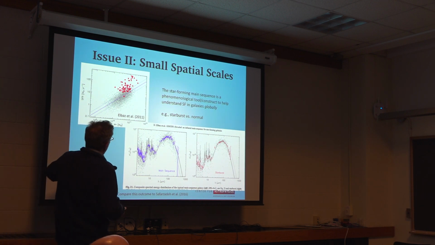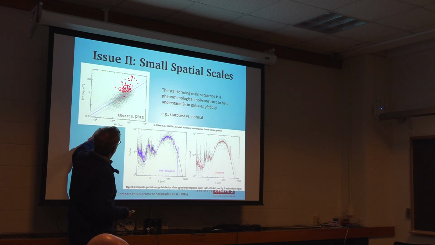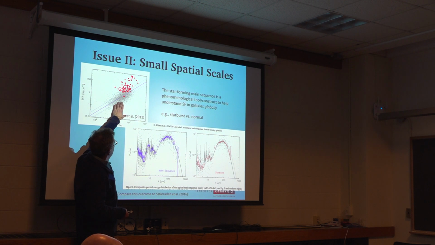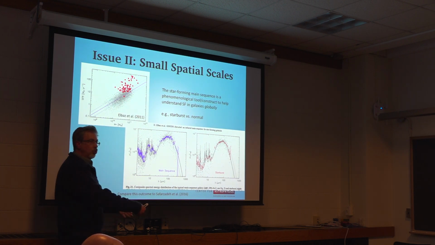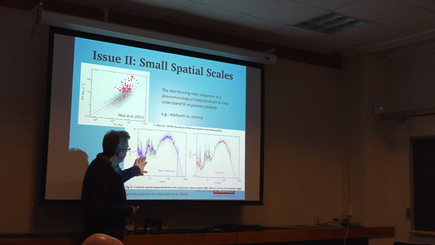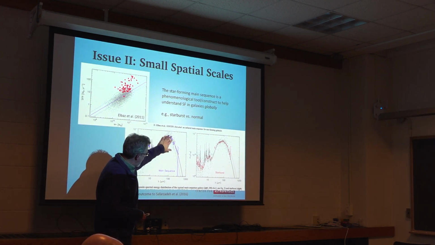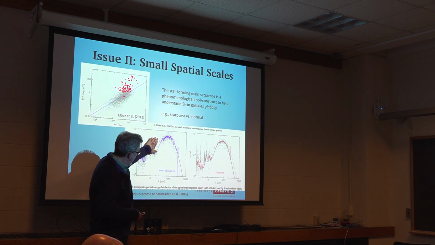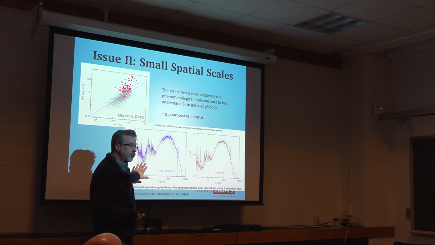So if you take points along the main sequence here, and you redshift them back to 0, and you normalize them to the same star formation rate, you get a distribution like this.